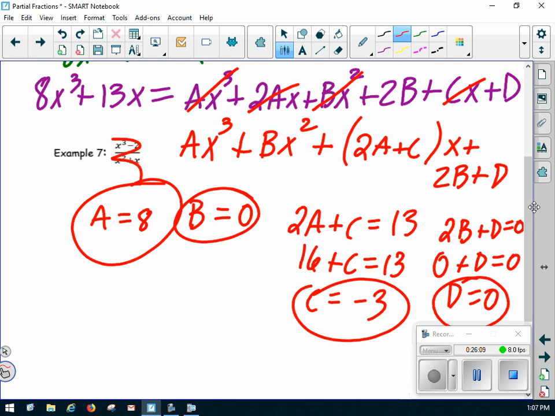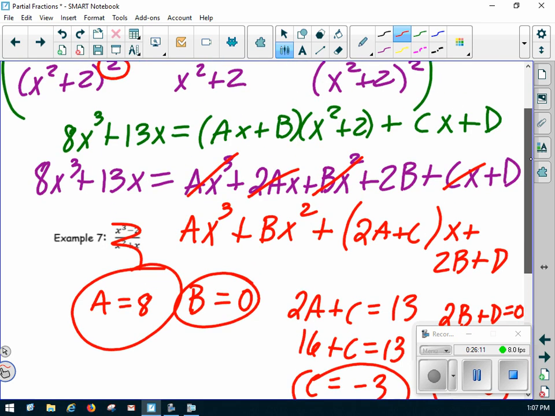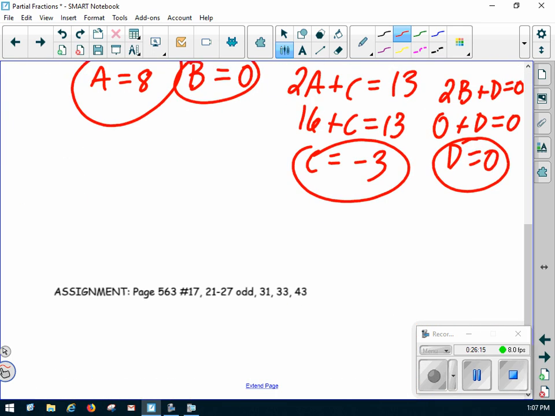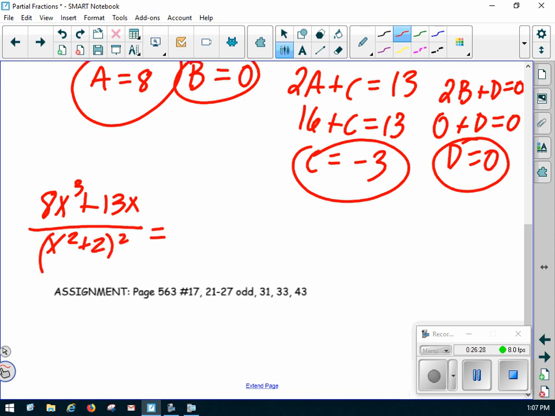Questions? All right, so let's write this up. 8x cubed plus 13x over, I already forgot what the denominator was, x squared plus 2. Thank you. And we had ax plus b.